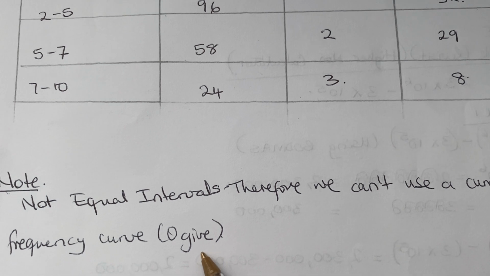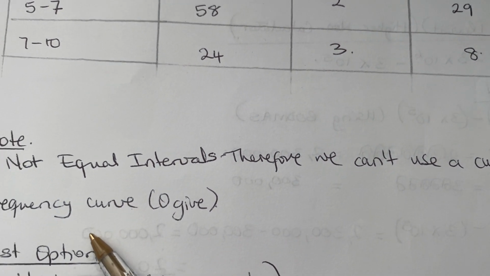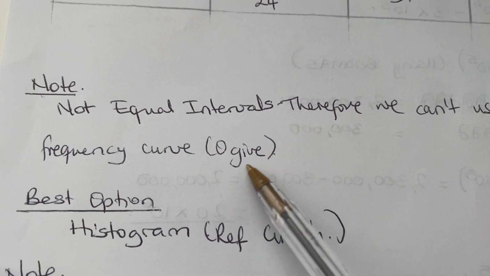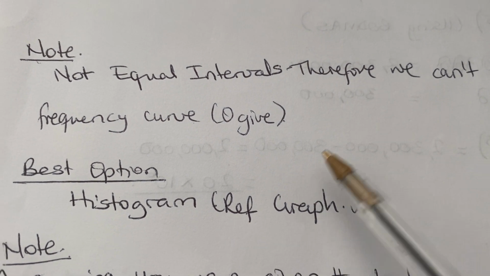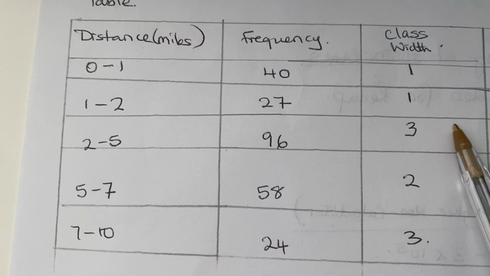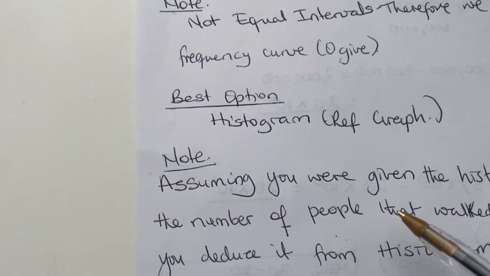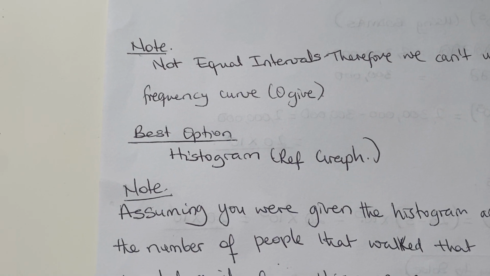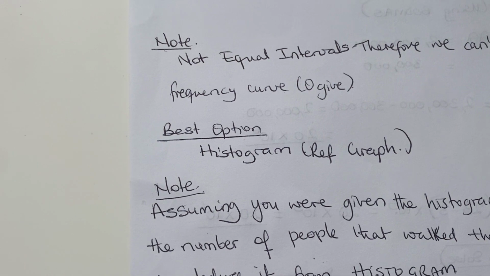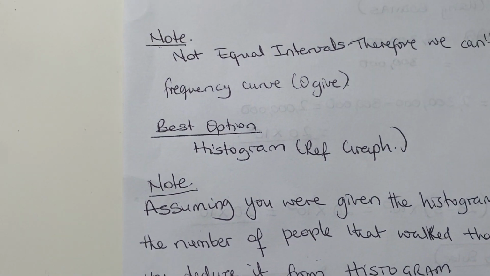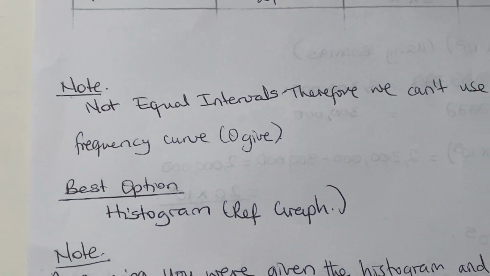That is the ogive. Another name for cumulative frequency curve is the ogive. So the best option is histogram, which I'll show you using this data. Assuming you were given a histogram and asked to deduce the number that worked that weekend, how will you deduce that? This is another part I will show you.